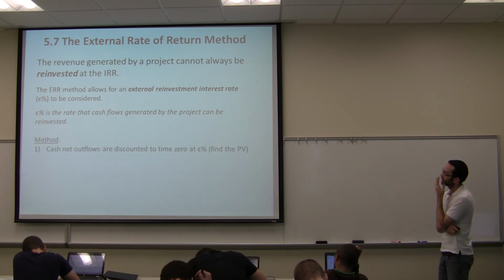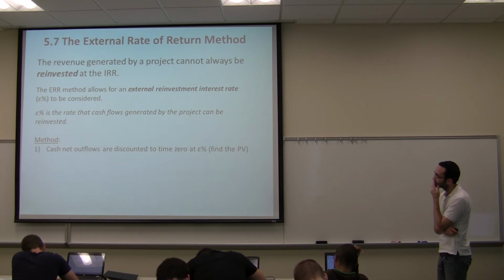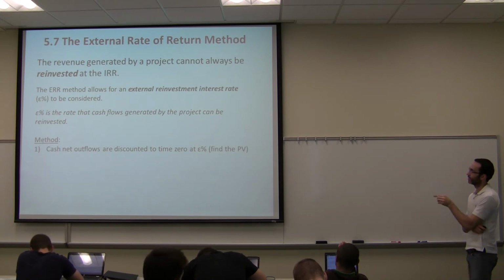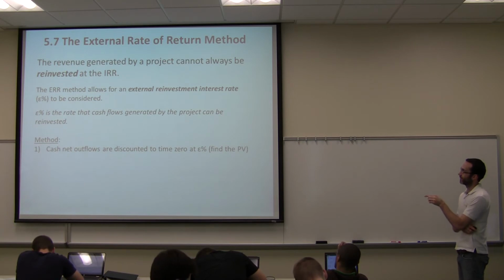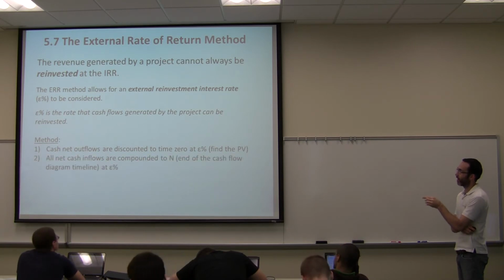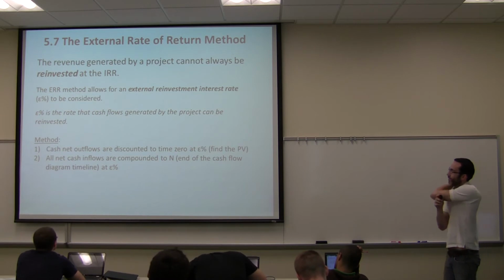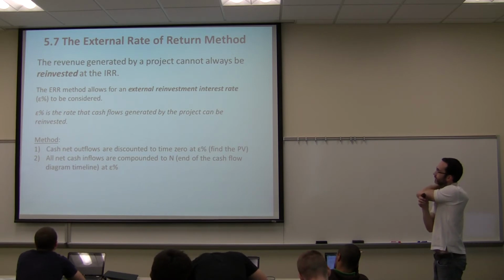So what we're going to do in this method is the money that goes out is going to be discounted to the present using the external reinvestment rate, epsilon. The inflows are compounded into the future using the external reinvestment rate.